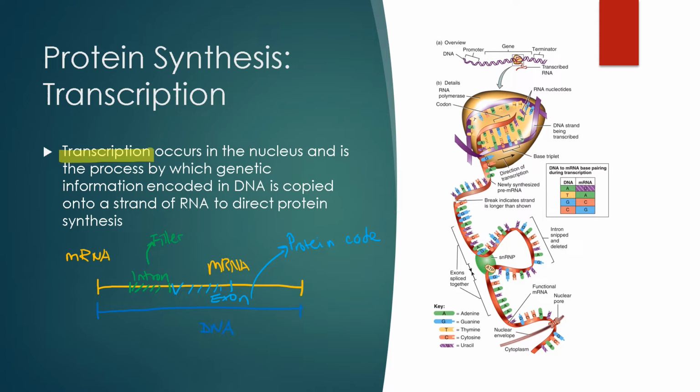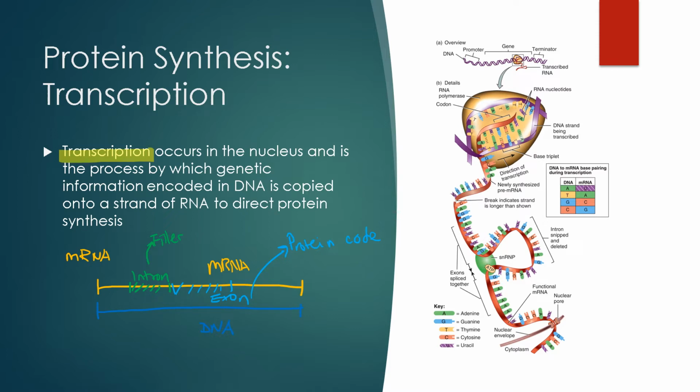So it doesn't code for proteins that we know of. It could do something else or have another function, but we don't think that it codes for any type of proteins. Now, there are very specific enzymes that will cut the introns out of the mRNA so that we're just left with that functional protein coding code. So we cut out the introns, and we're just left with exons.